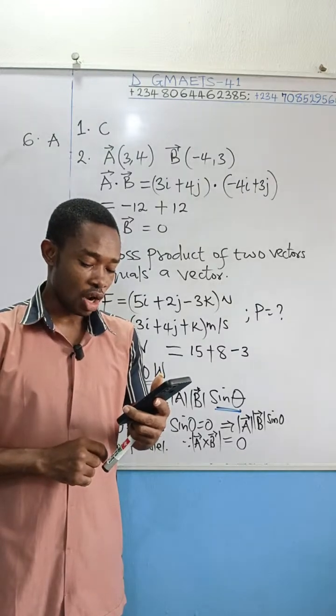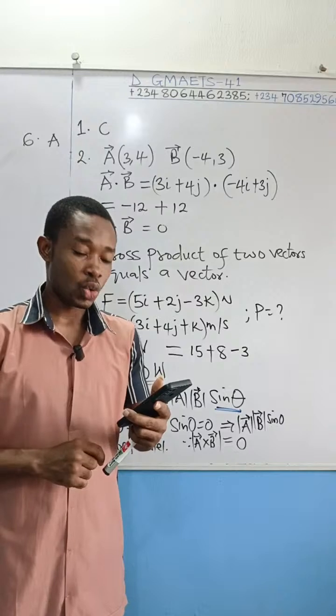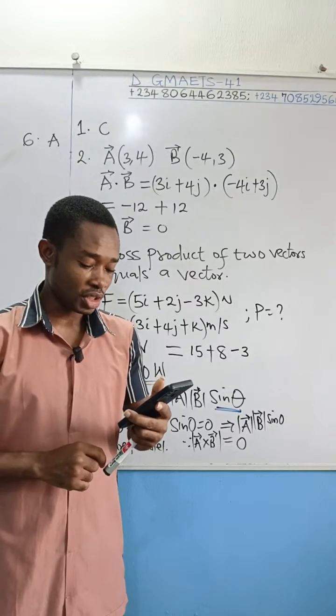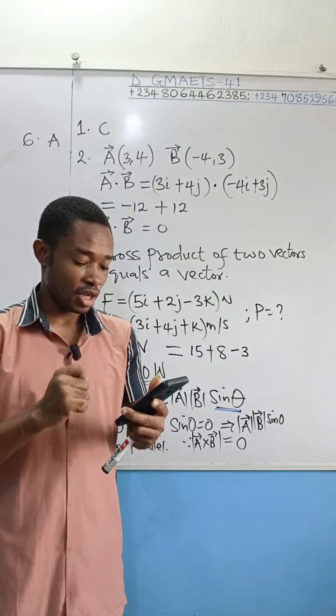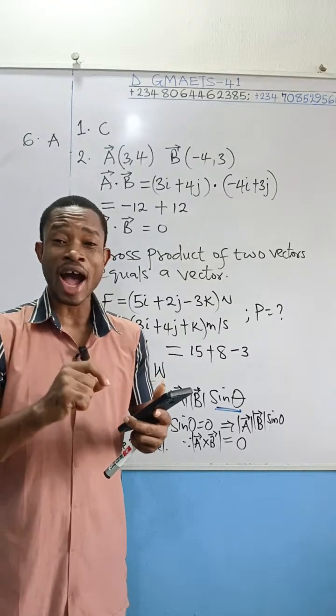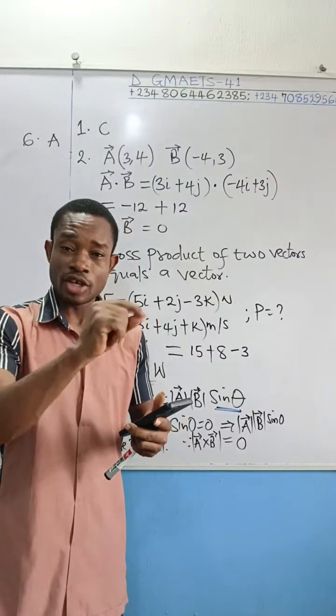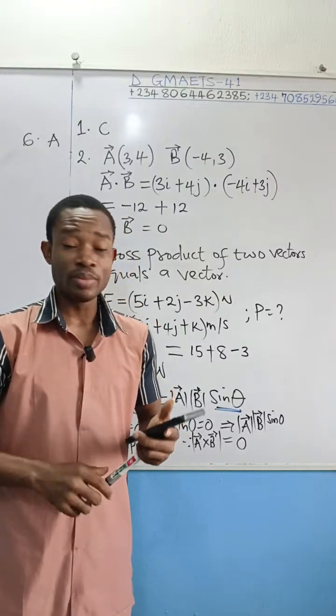Calculate the dot product A dot B and determine the angle between them. I'll take the question again.